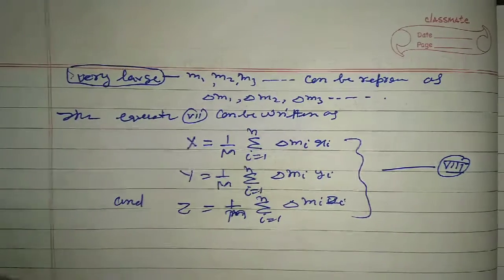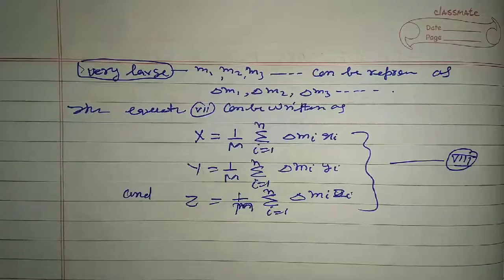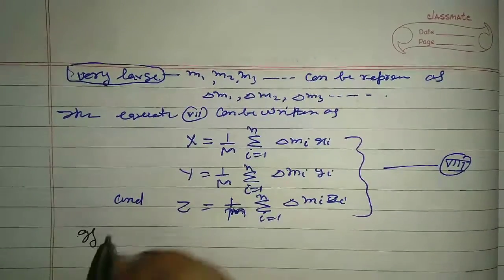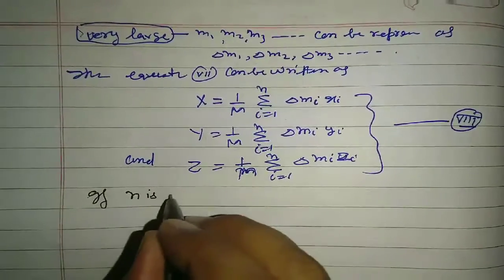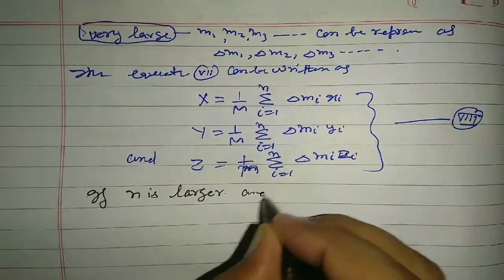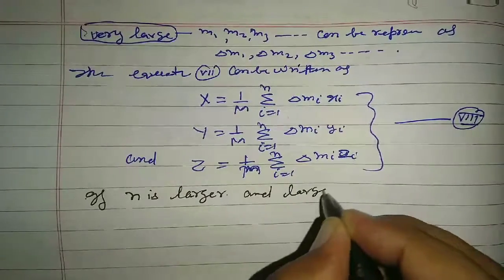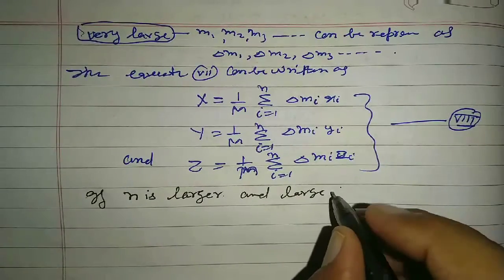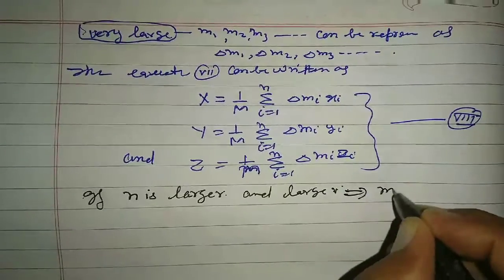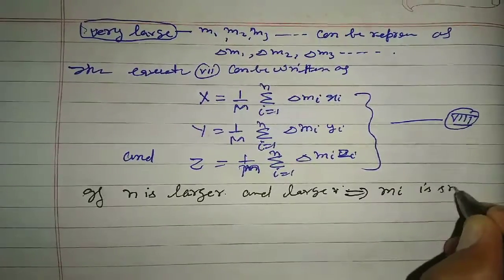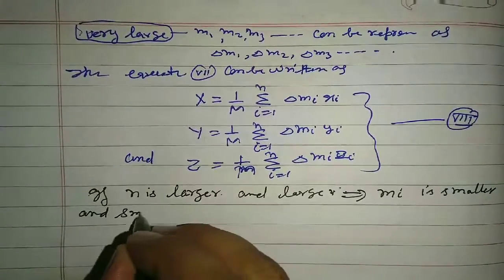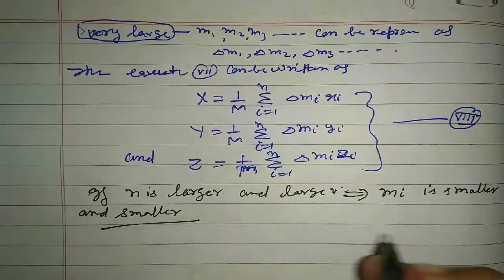Now see, if n is larger and larger, right, its number is much more, this implies that mi is smaller and smaller. Why?